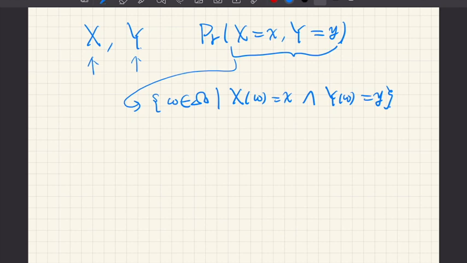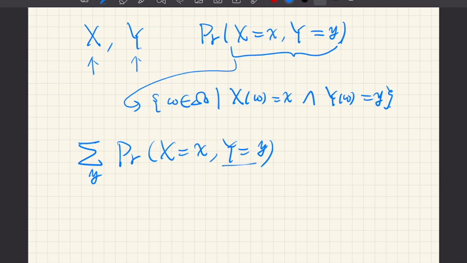So yeah, this is the joint probability, and from this we can define a marginal probability. If we add over all possible values of y, the probability of this and this, so we add over all possible values of y, then we should get the probability of x.